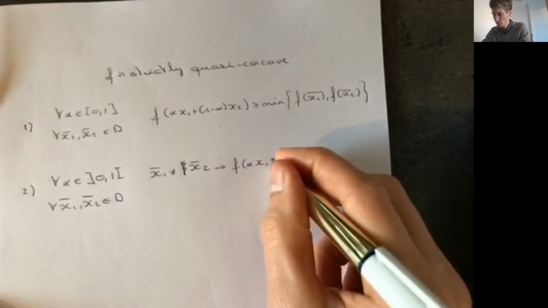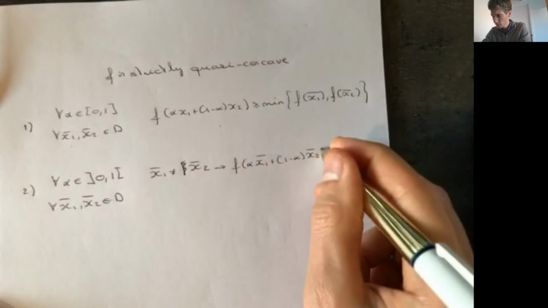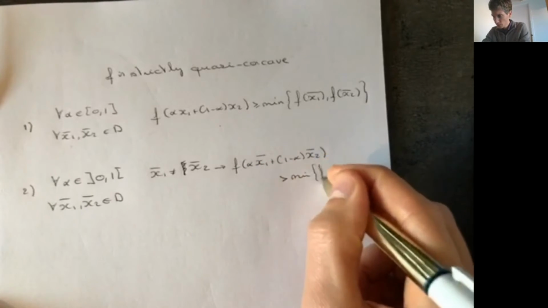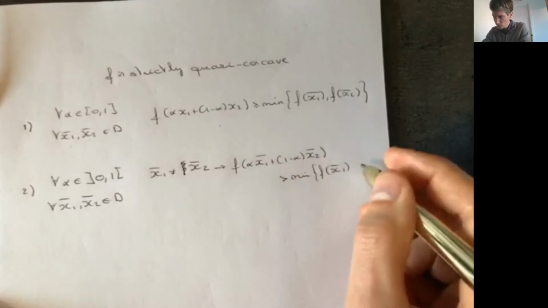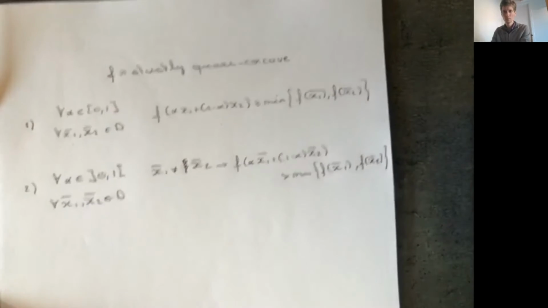So f of alpha x1 plus 1 minus alpha x2 is strictly bigger than the minimum of f of x1, f of x2.